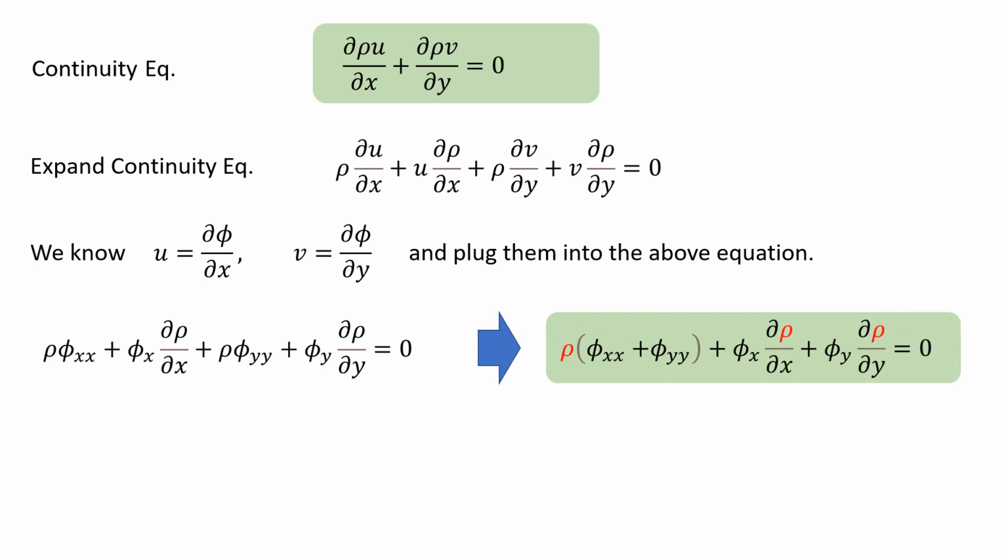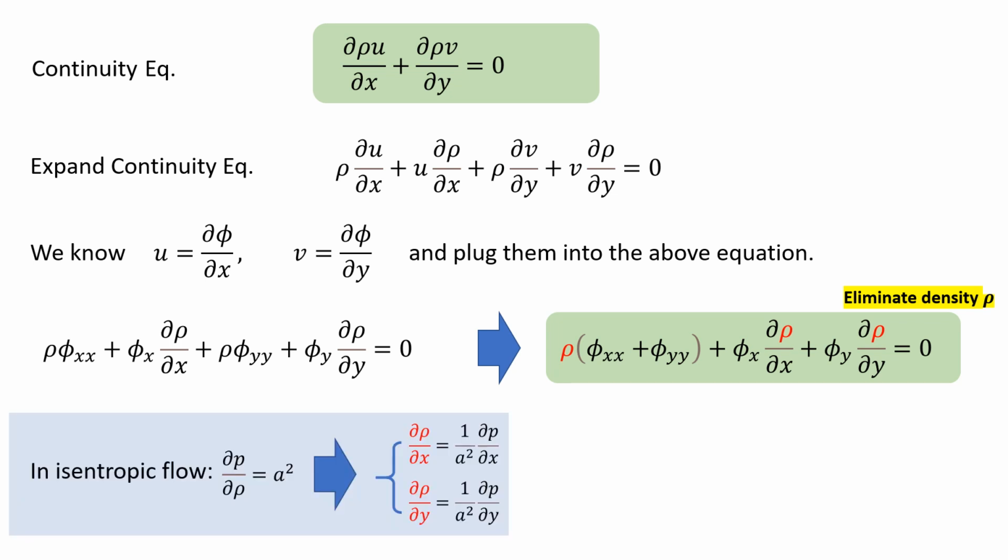We can see rho is not known because it's compressible flow, and the density changes everywhere. So the target now is to eliminate this density rho. How can we do this? Considering it's compressible flow, one important feature is the Mach number, whose denominator is the speed of sound.